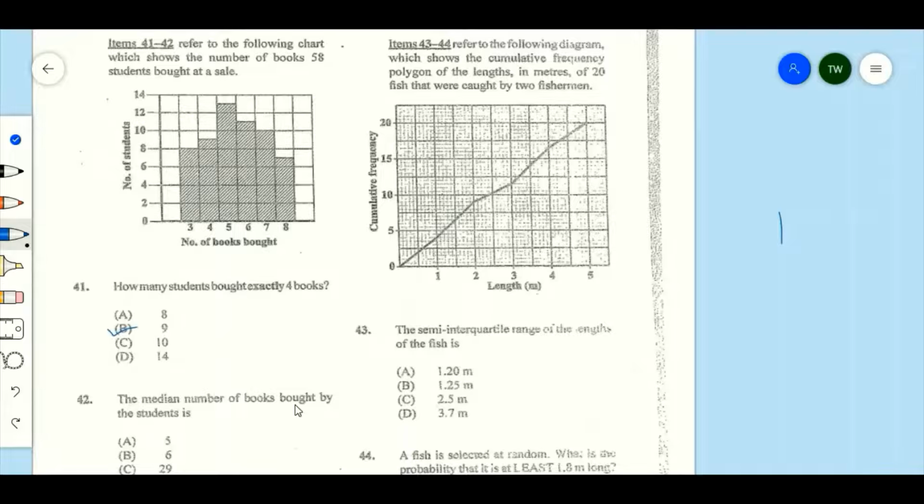Now 42, the median number of books bought by the students is, now we know that the median is going to be in the middle, right? So it's the middle score, right? Now we know that the total amount of students was 58.